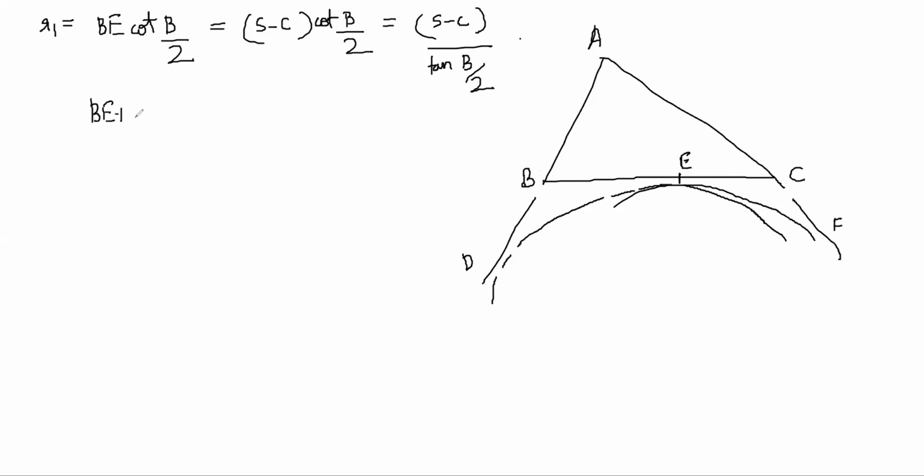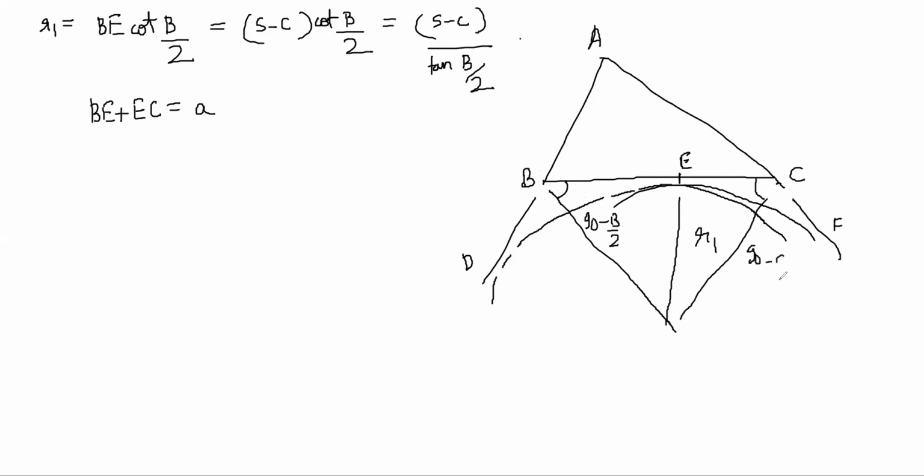BE plus EC is equal to A, right? Correct. So if you draw a right angle triangle like this, and this is R1, and this is 90 minus B by 2, and this is 90 minus C by 2, right?